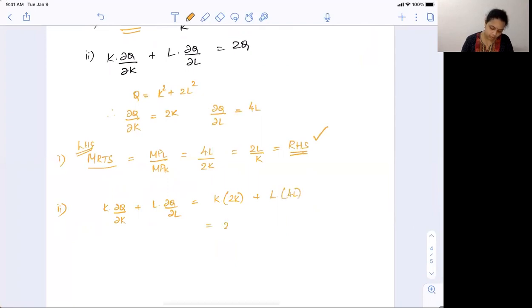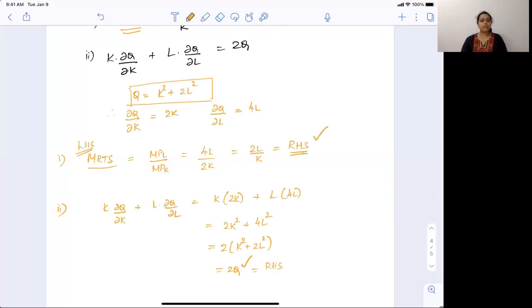So we get 2K squared plus 4L squared. Now Q is just K squared plus 2L squared, so this is just 2 times K squared plus 2L squared. So we have 2Q, proved equal to the RHS. So that's been proved as well.